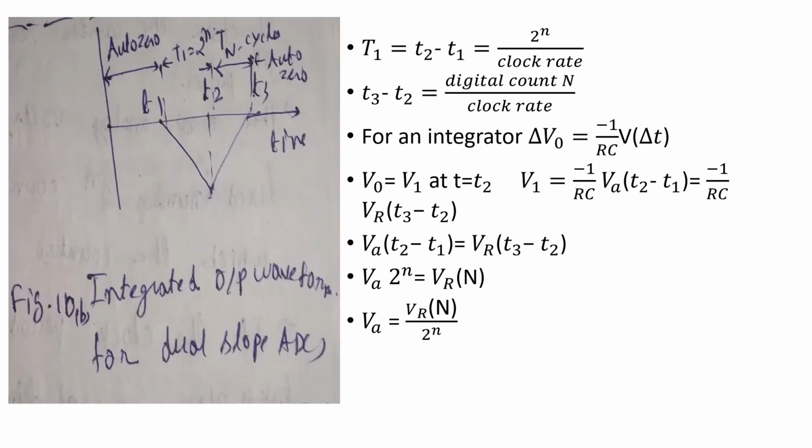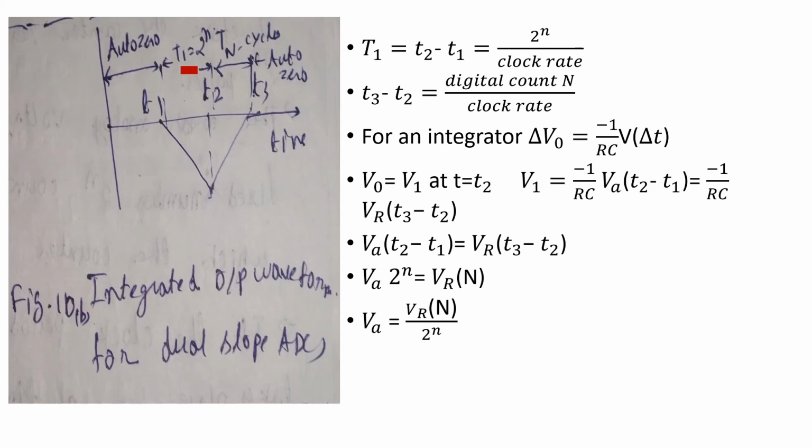Now, what is the time period it counts? It is capital T1. We have calculated T1 equal to 2 to the n into T, so T1 up to T2. The total time T1 is T2 minus T1. What is the value of T1?